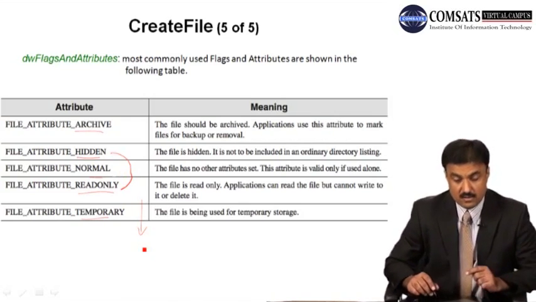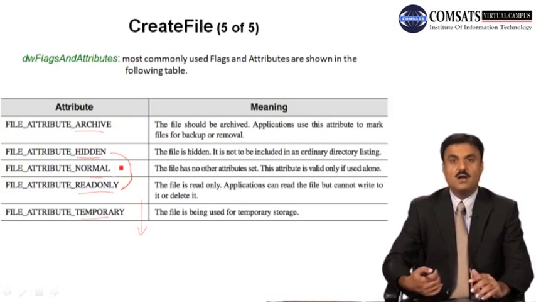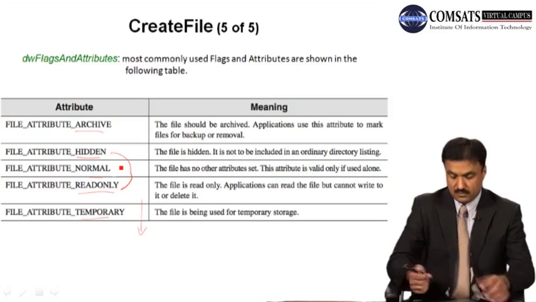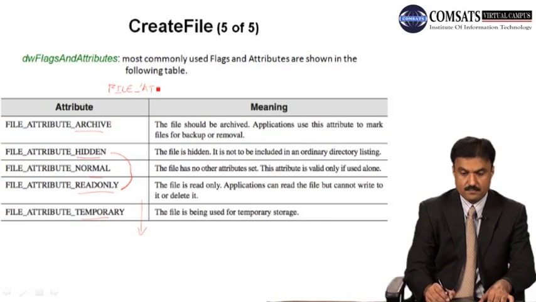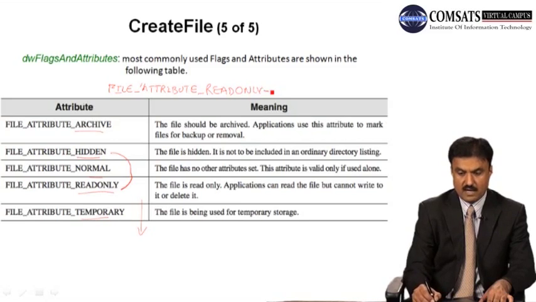Now before moving further, I will show you one example of how you can combine attributes. For example, I want to make the file attribute read only, and if you want to combine another attribute here, then you can write it here.